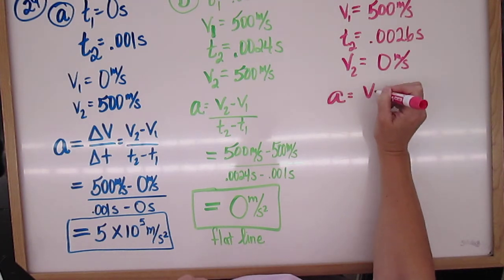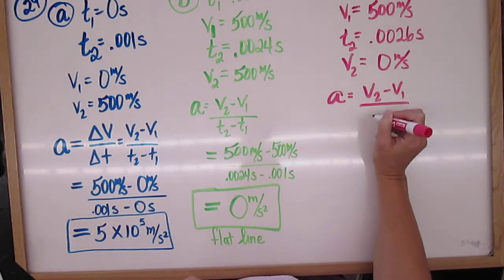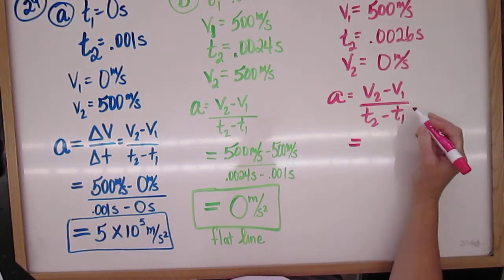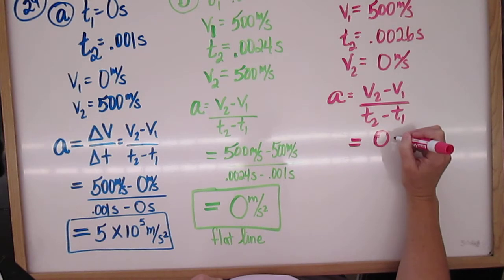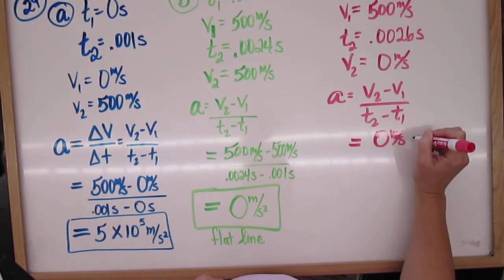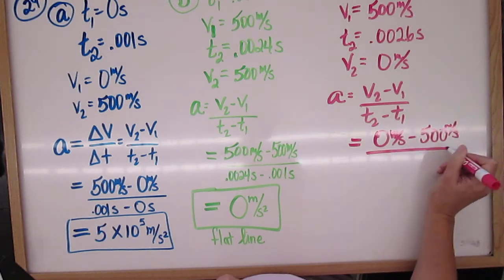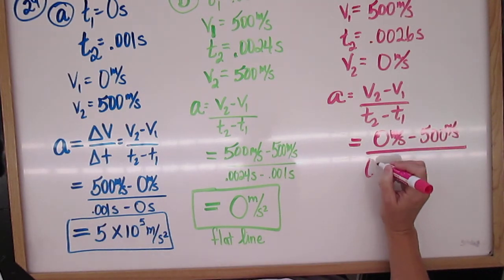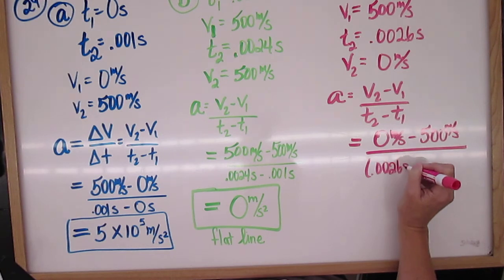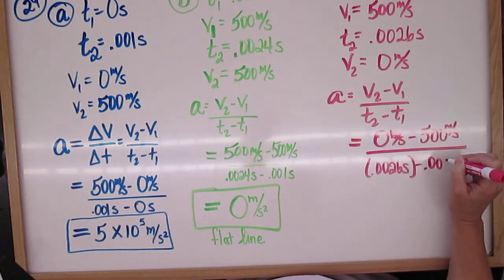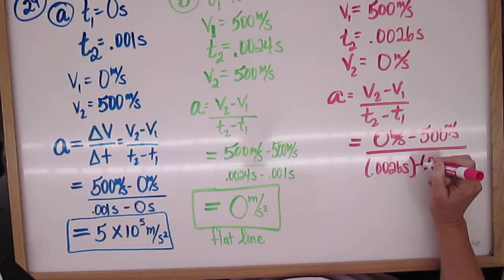Acceleration is equal to v2 minus v1 over t2 minus t1. We have 0 meters per second minus 500 meters per second divided by 0.0026 seconds minus 0.0024 seconds.